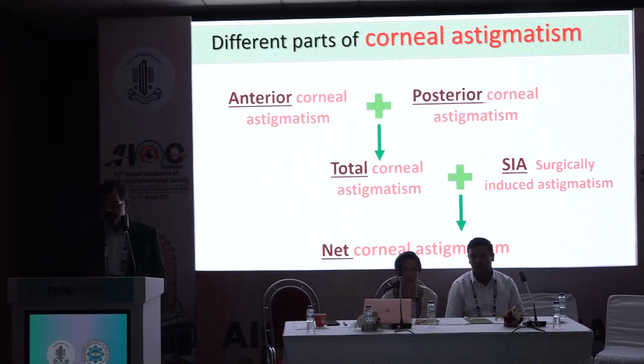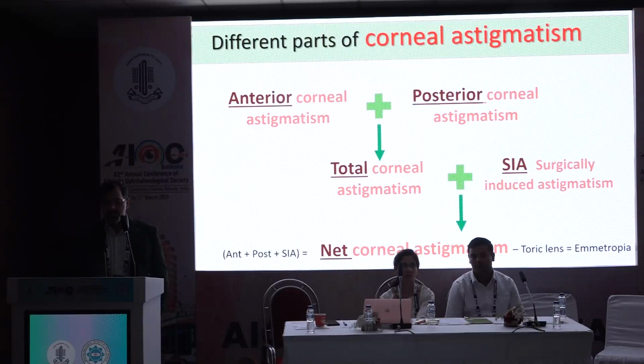This term is commonly used in Barrett toric calculators. So anterior plus posterior plus SIA is equal to net corneal astigmatism, and if we neutralize this by a toric lens, we will get total emmetropia.